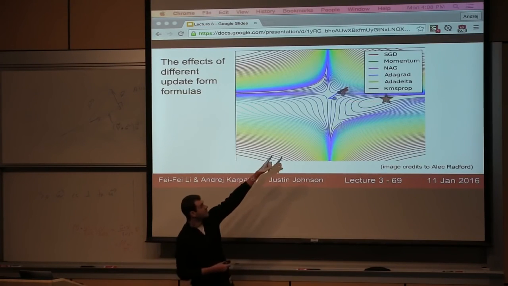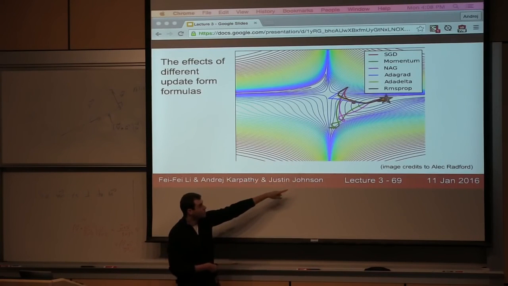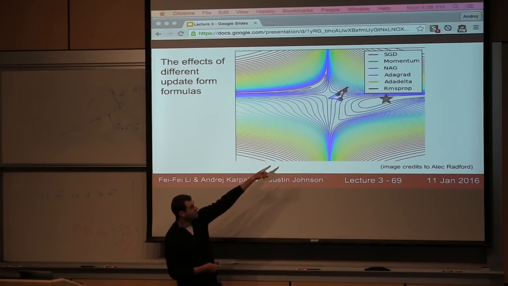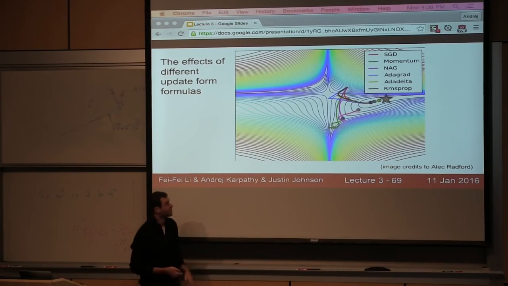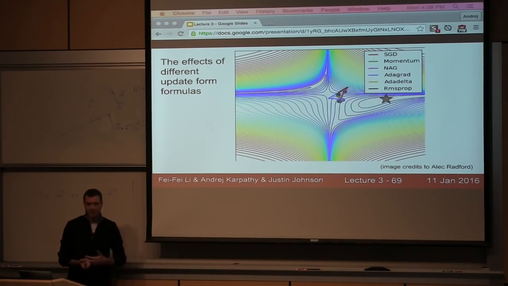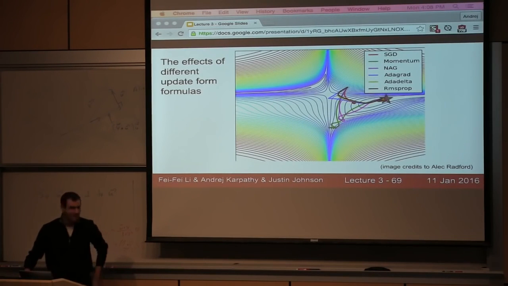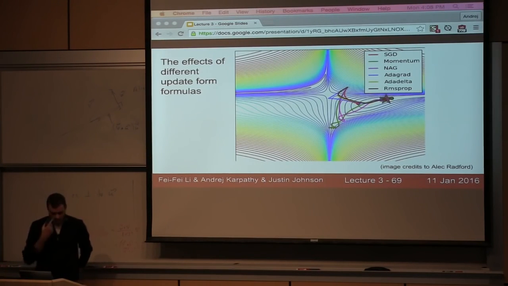You can see, for example, momentum in green. It built up momentum as it went down, then it overshot, and then it kind of goes back. And SGD takes forever to converge, in red. That's what I presented to you so far. So there are different ways of performing this parameter update that are more or less efficient in the case of optimization. We'll see much more of this soon.